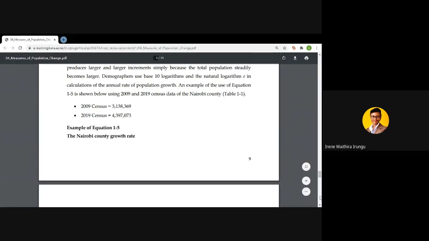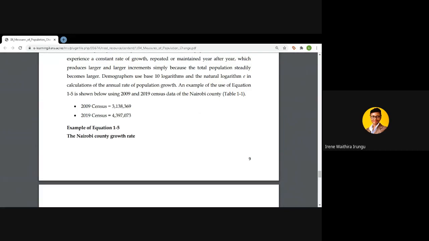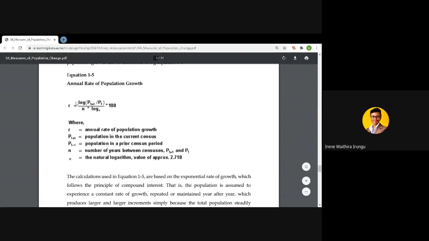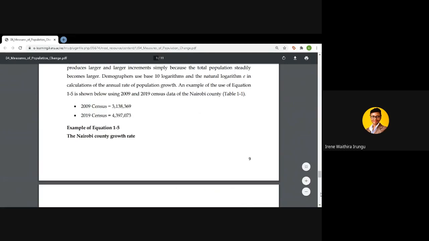So if you want now to measure what has been the growth rate of the population in Nairobi County between 2009 and 2019, we will simply apply this particular formula. So let's see how it plays out.